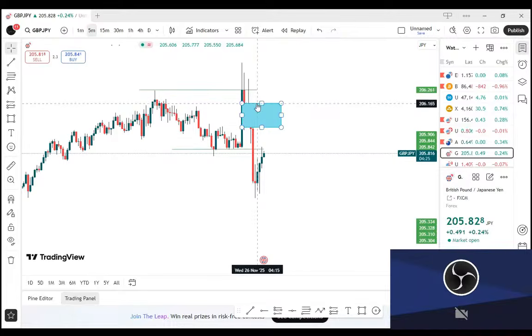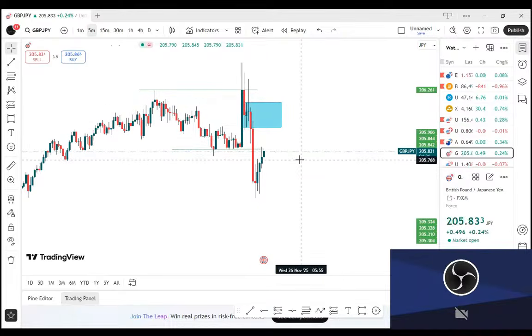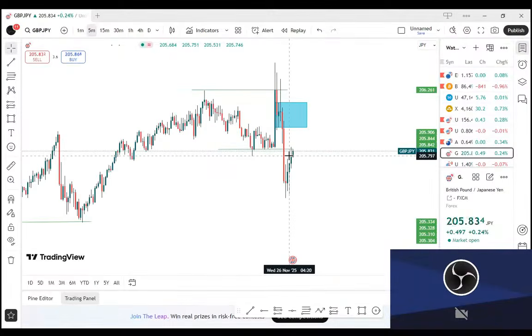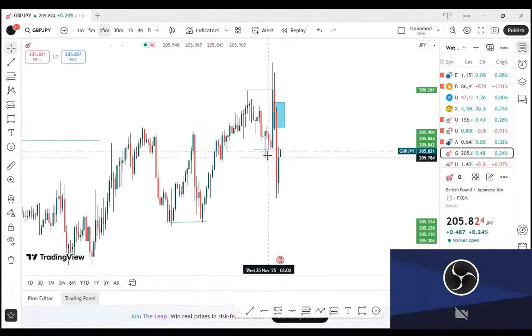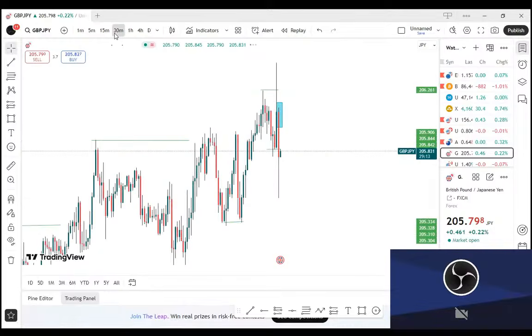Let me see if this will hold price or if price will push all the way to that zone. There is a set retracement level. Let me see if the 15 minutes candlestick will break, the 30 minutes candlestick will break.